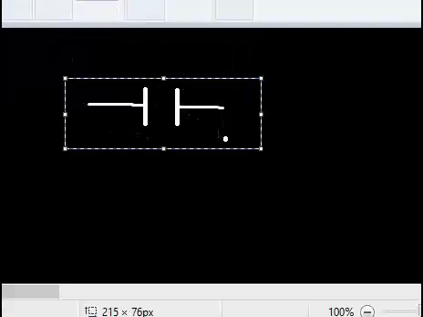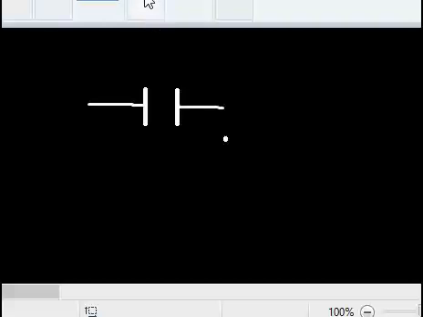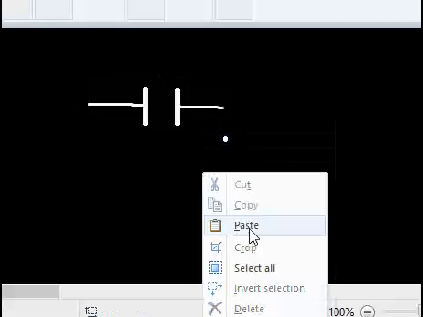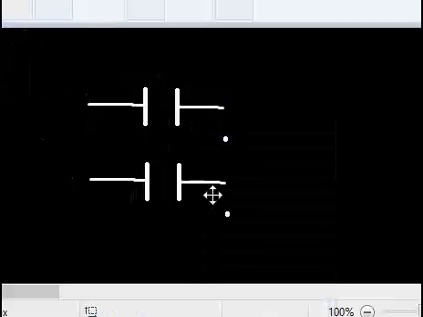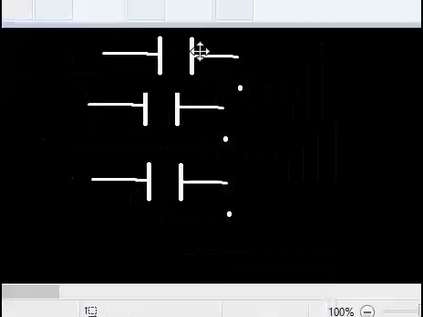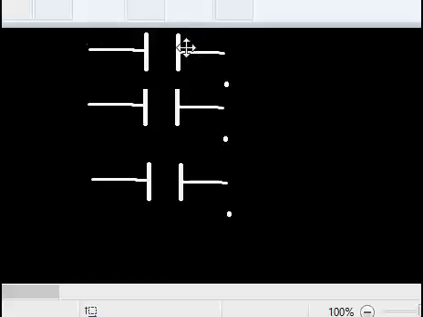So now we're looking at capacitors connected in parallel. Let's say three of them. I'm going to duplicate this into three, one, two, then three, and connect them in parallel.